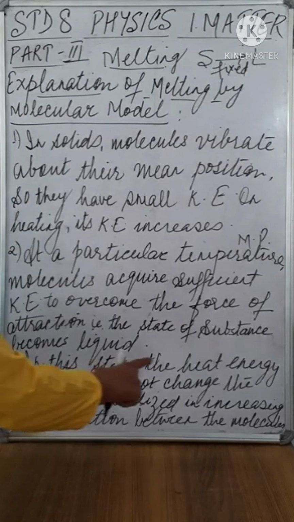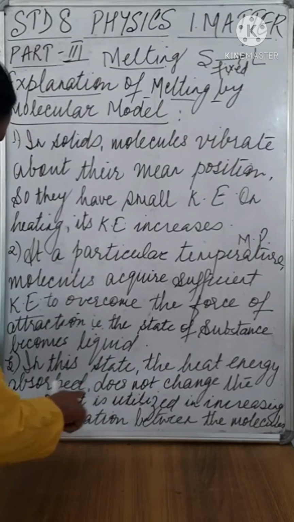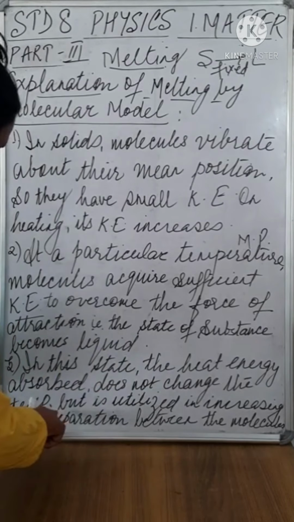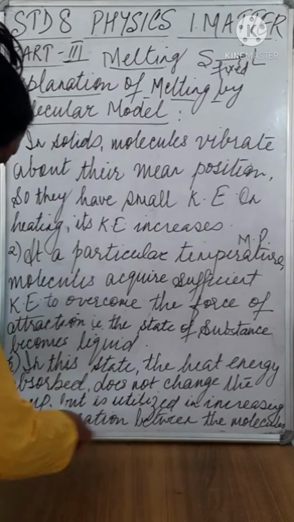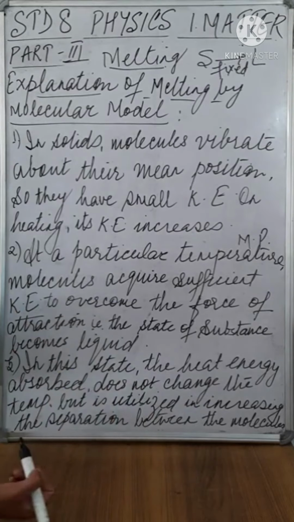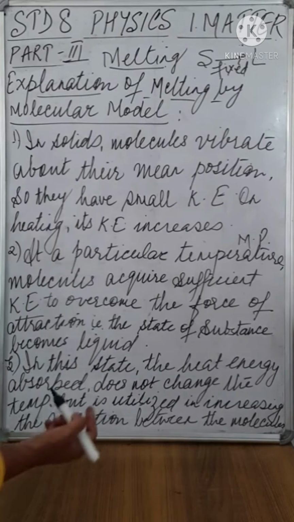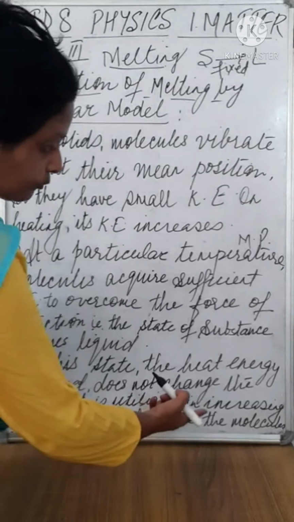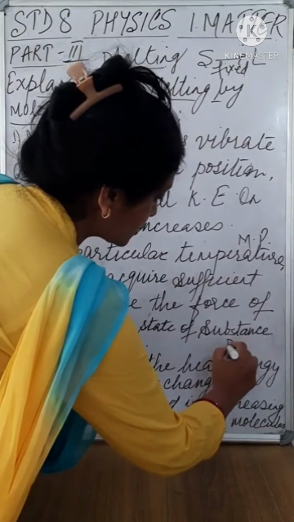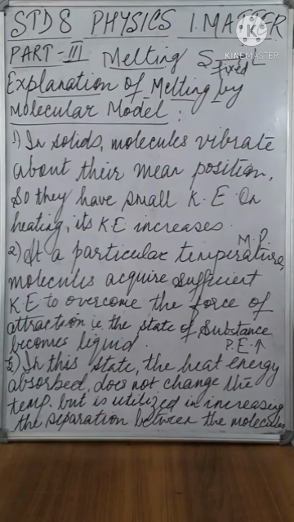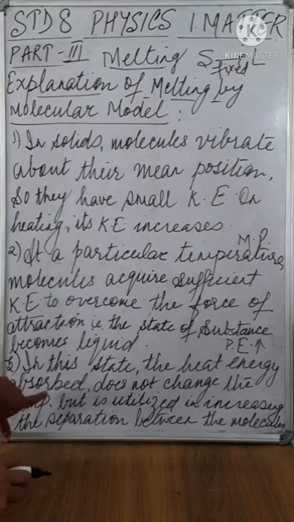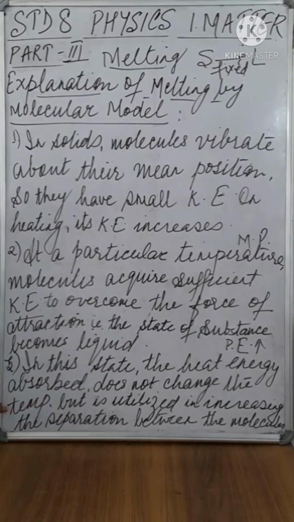In this state, the heat energy absorbed does not change the temperature, but is utilized in increasing the separation between the molecules. And that it is utilized in separation between the molecules means its potential energy increases. The heat energy absorbed does not change the temperature, alright, that we had seen in the activity.